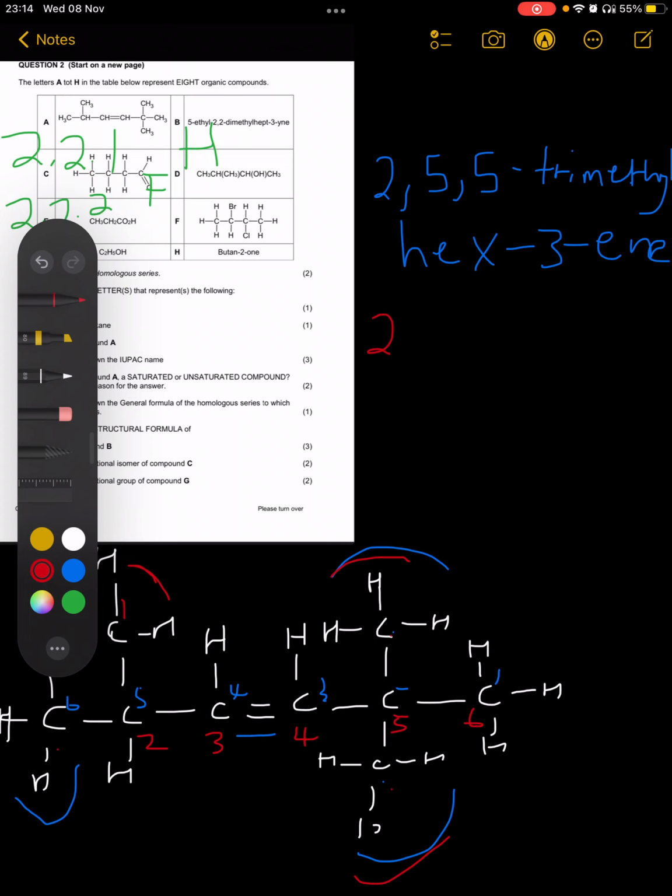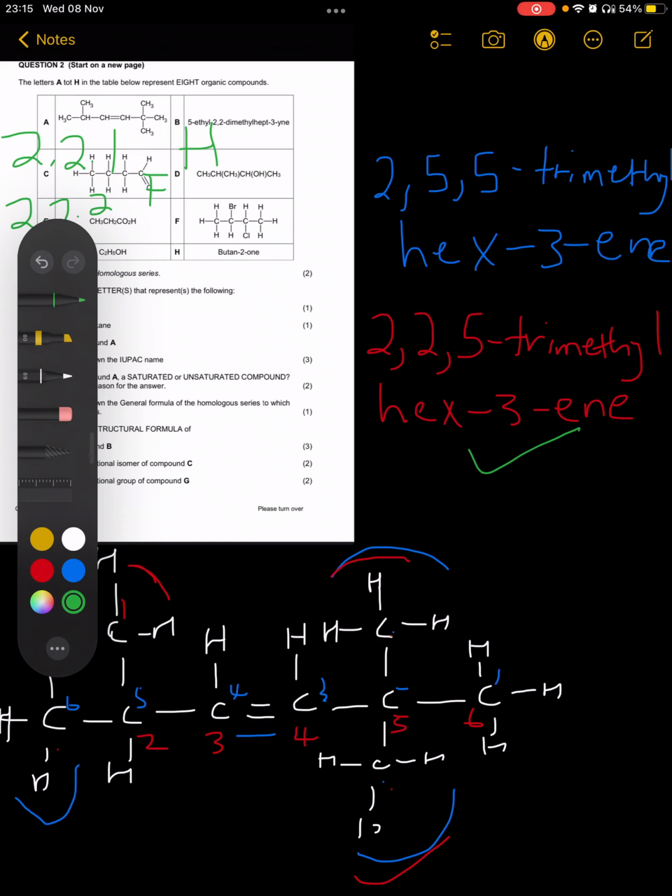So this is 2, the first substituent, and a 2, and the last substituent is a 5. And all of them are trimethyl hex-3-ene. The correct IUPAC name would be this one.